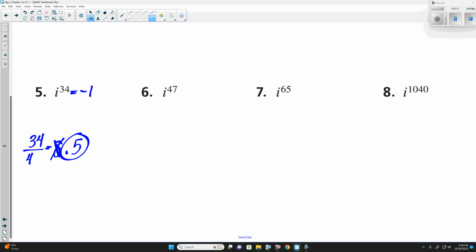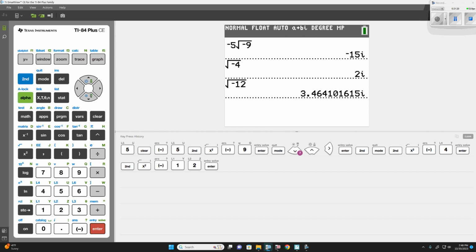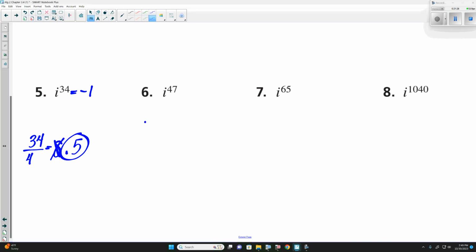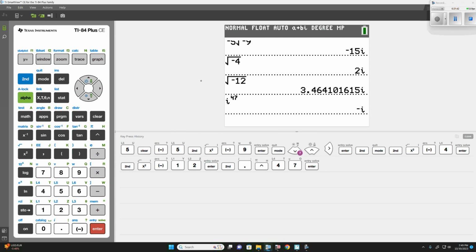Let's look at the next one, I to the 47th. Well, 47 divided by 4 is, which is negative I. Yes? Wait, so how do you know the I part?